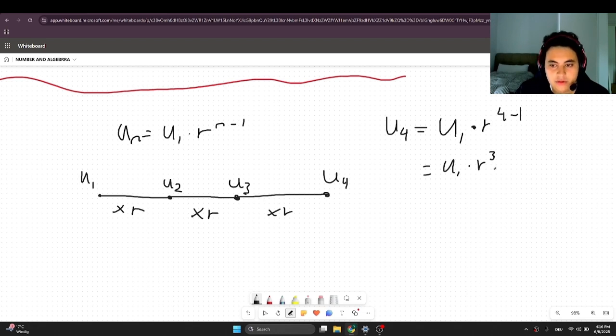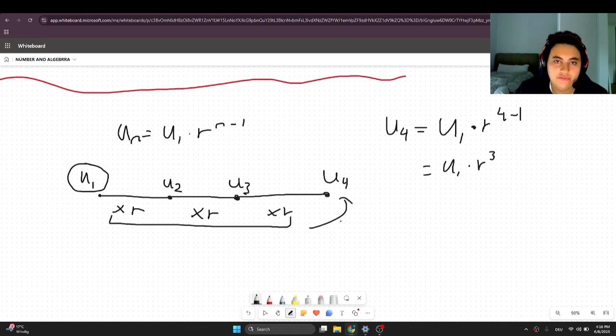So r times r times r is r cubed. We multiply u1 by r cubed to get to the 4th term of the sequence. This is why this formula is great to use.